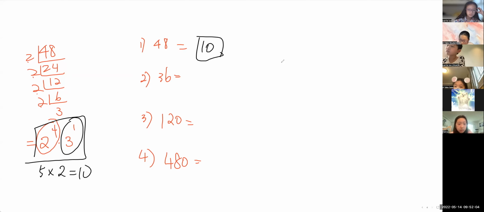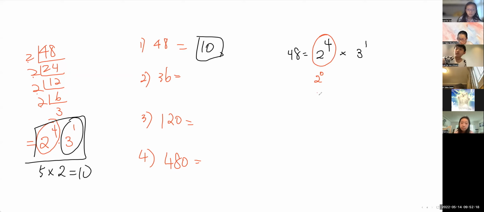Yeah, so 2 to the power 4, Violet. Because 48 equals 2 to the power 4 times 3 to the power 1, right? So how many possibilities for 2? There is 2 to the 0, 2 to the 1, 2 to the 2, 2 to the 3, and 2 to the 4, right? You can make 1, 2, 4, 8, and 16 out of 2 to the power 4.